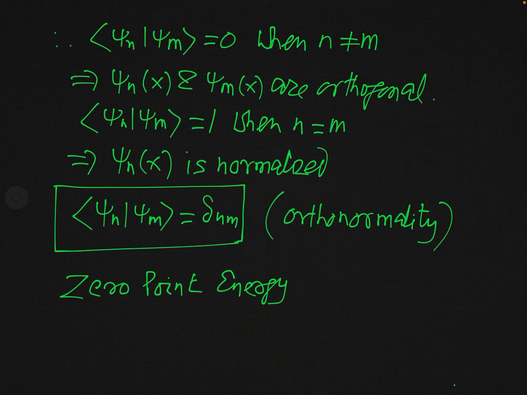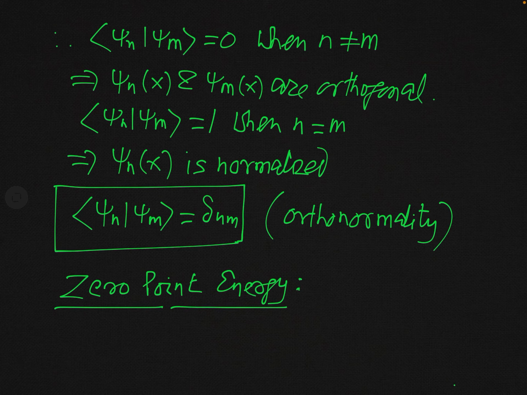As I have told you in the first lecture, the minimum energy of the particle according to the classical point of view should be 0, but the quantum mechanical result does not agree with it. You have seen that the least energy of the particle in this case is not 0, but non-zero. So let us explain why the minimum energy of the particle cannot be 0 in this case.